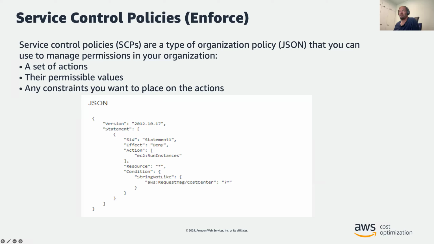So what this JSON would do is deny anyone trying to run EC2 instances if there is no cost center tag on them, and it does need to have some value. So if someone tried to run an EC2 instance without a tag, they would get a deny, but with the cost center tag, they would get an allow.